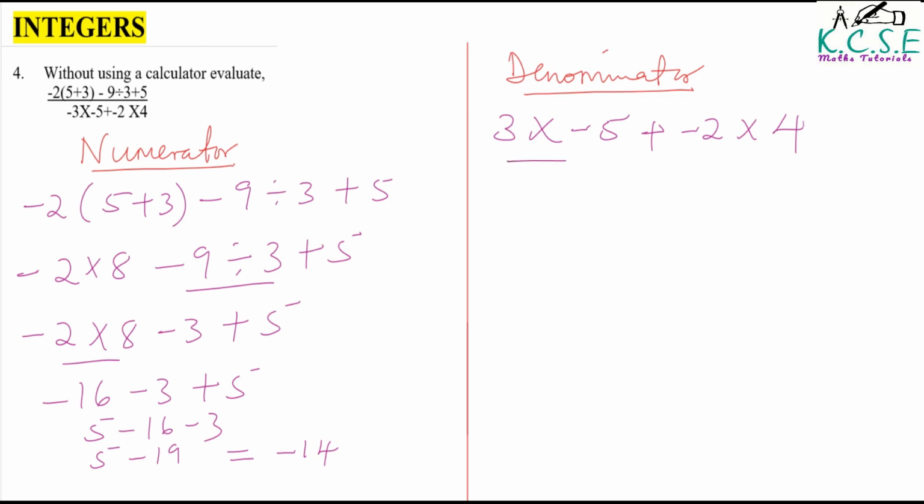You can see here you have multiplication, here you have multiplication. So 3 times negative 5 is negative 15. Then plus negative 2 times 4, this will be negative 8. So this gives negative 15, positive and negative, this one gives negative 8.